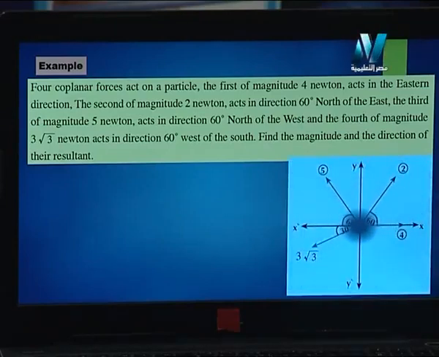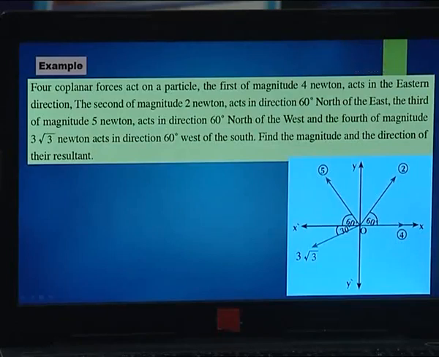Look here. We have the first force, which is 4, acting in the east direction, and 2 acts north of east by a 60 degree angle. When they say north of east, you put this angle on the east, between the force and the east, because east is mentioned last.